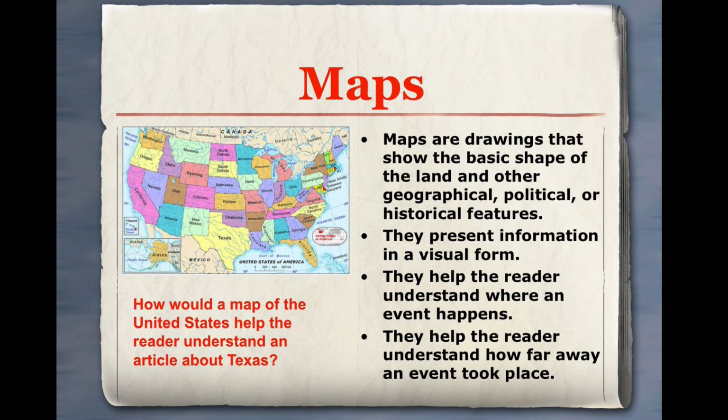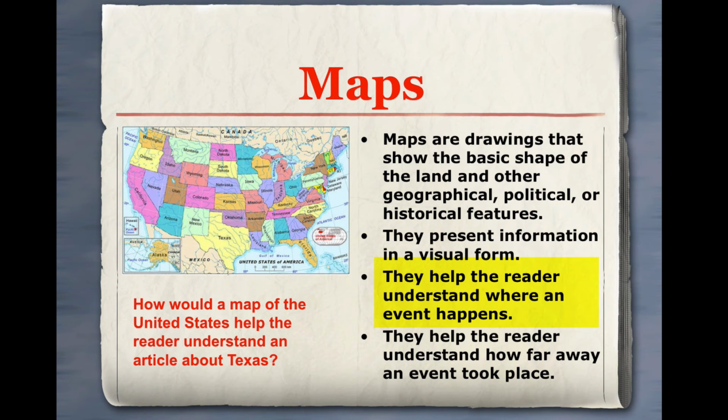Okay. Maps. I'm sure we've all seen all kinds of maps. And maps are drawings that show the basic shape of a land or geographical or political or historical features. It's another visual way to present information. They can help you understand where an event happens.